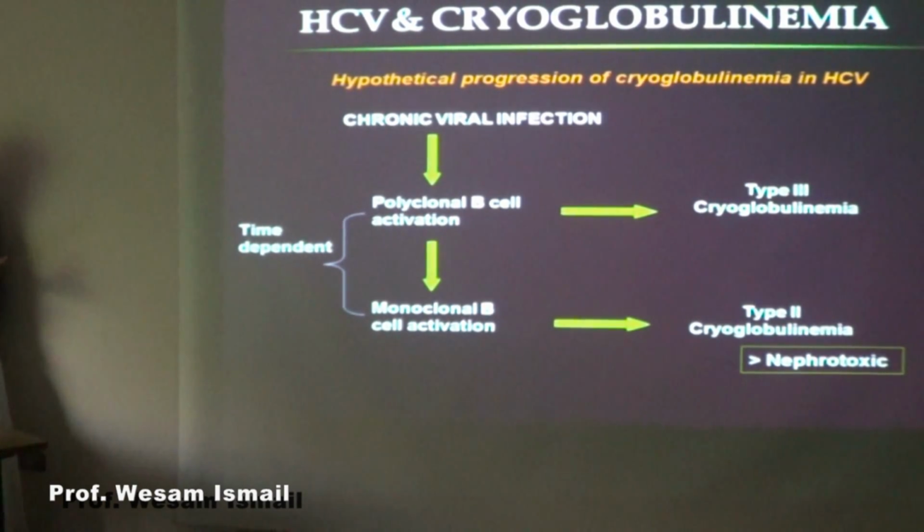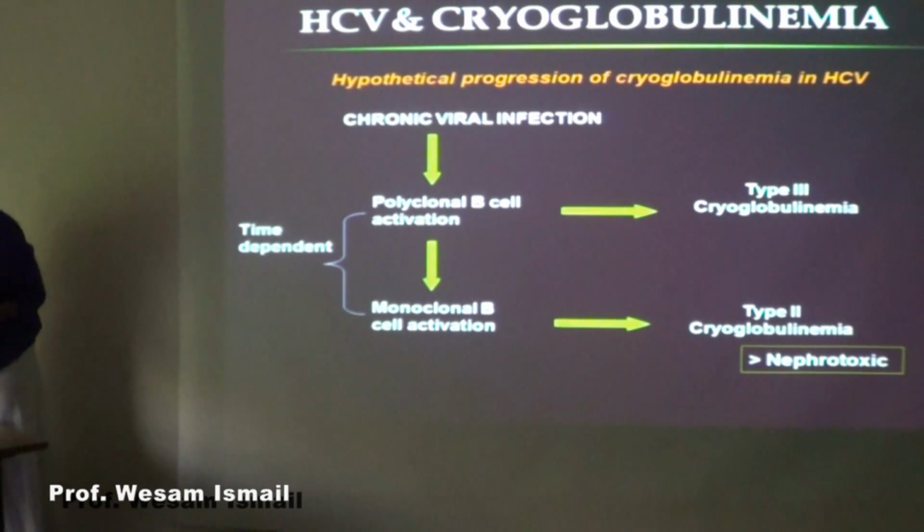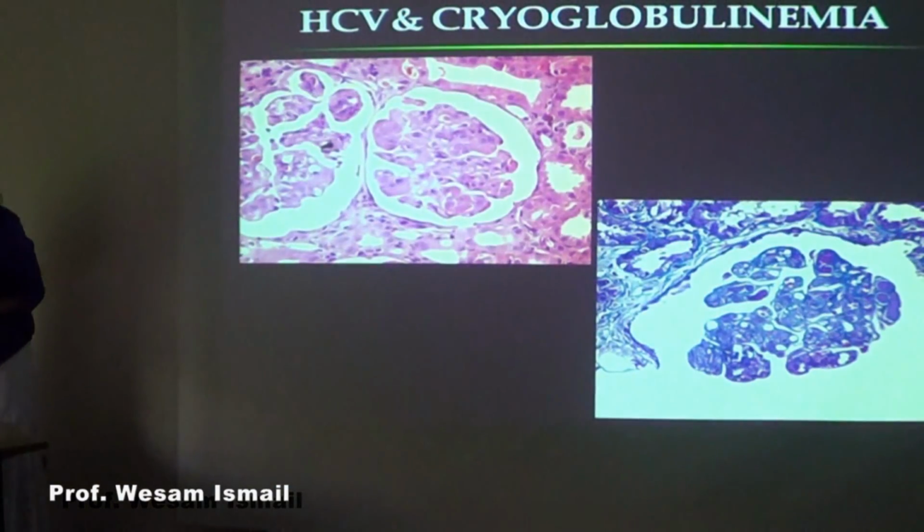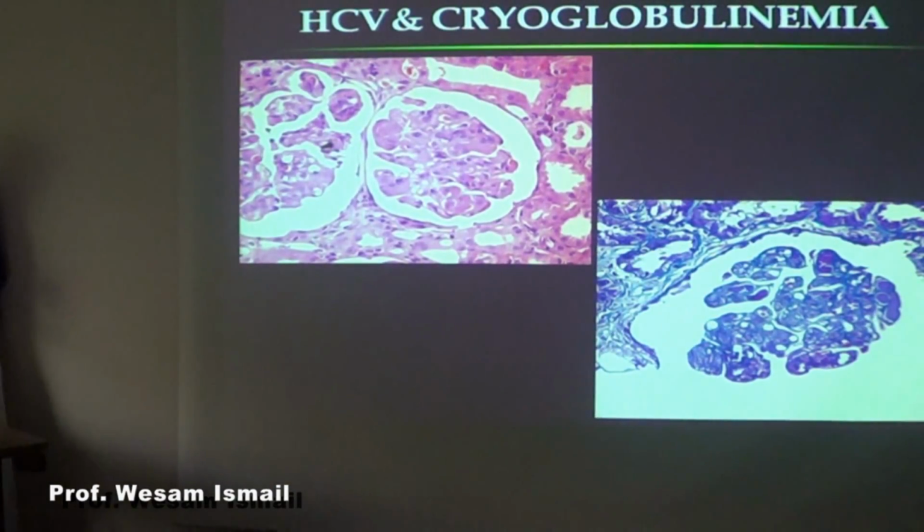You generate polyclonal IgM antibodies against the polyclonal IgG antibodies. But then with time, this is a time-dependent process, you get switched, and we all know that in any proliferation you are at risk of a monoclonal switch at any stage, and you get monoclonal B-cell activation, you get type 2 cryoglobulinemia, and this is where you start to have renal involvement, and which is nephrotoxic.